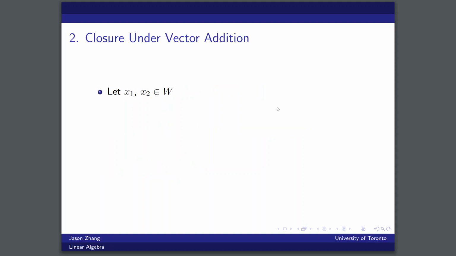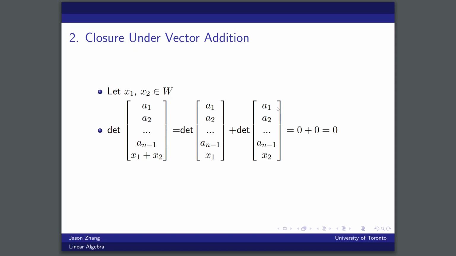The second property we want to show is closure under vector addition. So let's define two vectors, x1 and x2, to belong to W. We want to show that the determinant of x1 plus x2 is equal to 0.